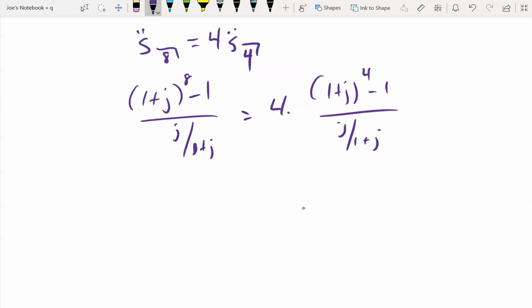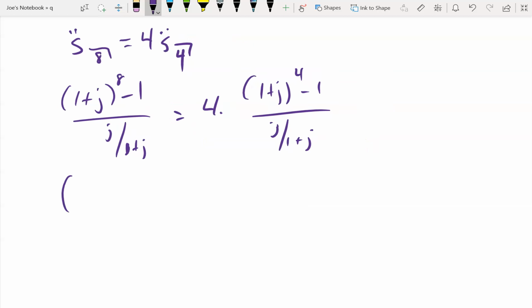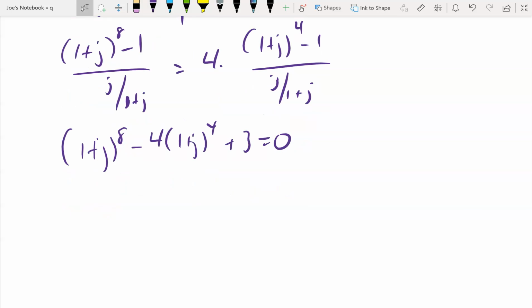So if you go through this and simplify, you'll get (1 plus j) to the 8th minus 4 times (1 plus j) to the 4th plus 3 is equal to 0. That factors. You'll get (1 plus j) to the 4th minus 1 and (1 plus j) to the 4th minus 3 equals 0. The (1 plus j) to the 4th minus 1 gives you a j of 0, which doesn't help, right? So this gives you (1 plus j) to the 4th is 3.